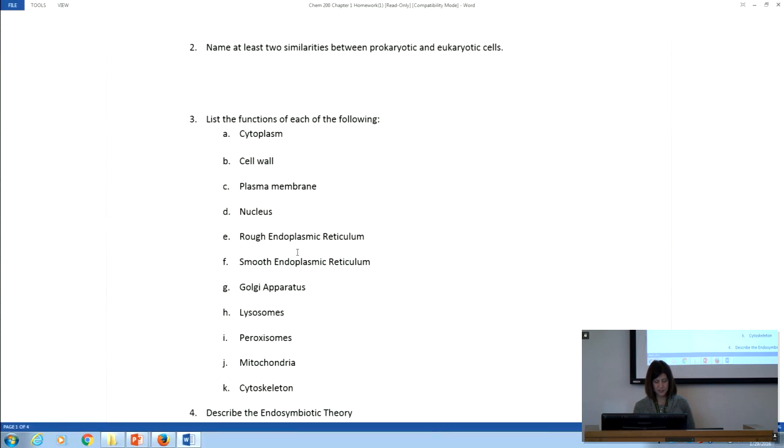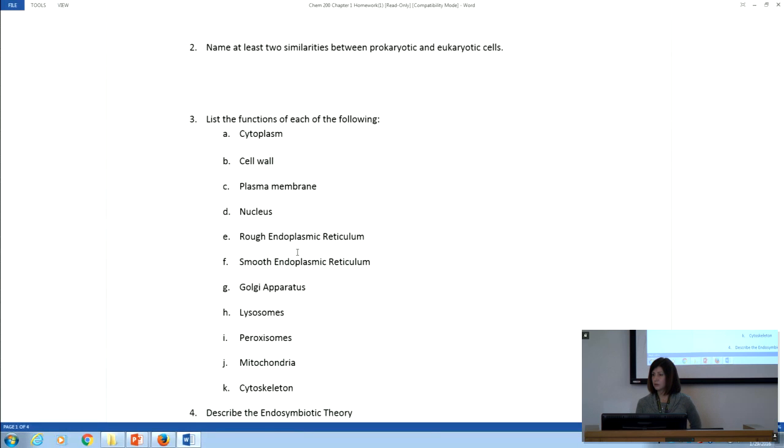It can detect nutrients and toxins. Our nucleus contains hereditary information. The rough ER, production of proteins. Smooth ER, it is still an area of research, but as far as I know, it's lipid synthesis and biotransformation.